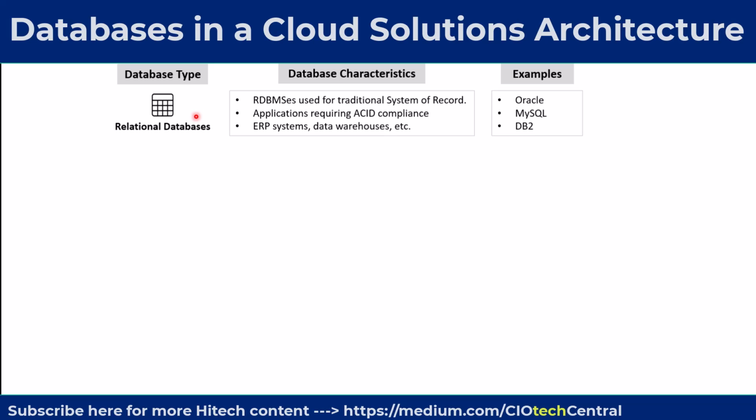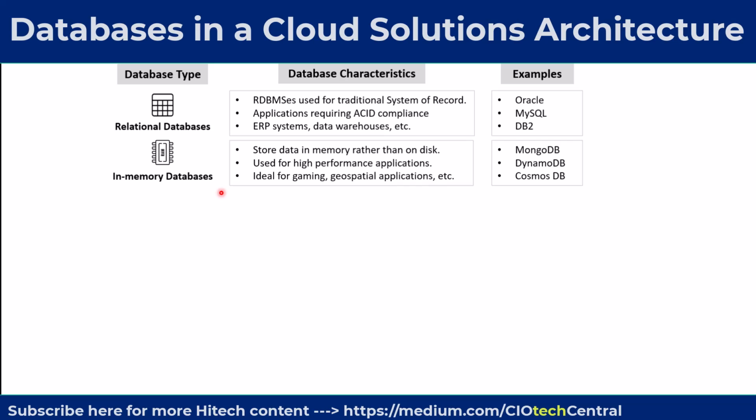ACID stands for atomicity, consistency, isolation, and durability. The ACID test ensures valid database transactions in that transactions are not left hanging in the middle when committing to a transaction. Applications that require ACID compliance usually opt for relational databases. They are traditionally used in applications such as ERP systems and data warehouses. Examples of RDBMSs are Oracle, MySQL, and DB2.